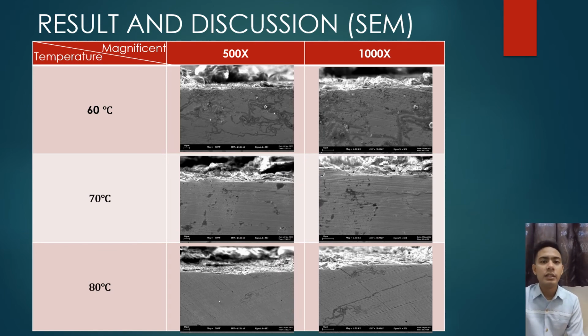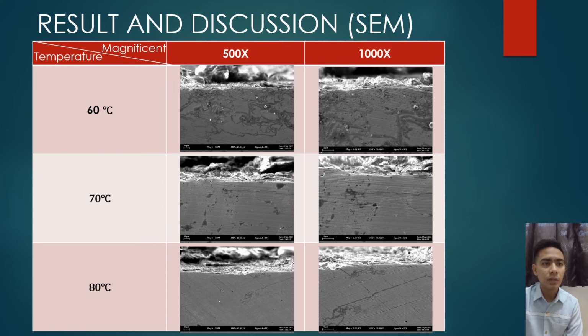For the SEM analysis, what we can see from the screen, I only chose the best 3 samples from what I have done in the electrodeposition process, with the current density of 100 milliampere.